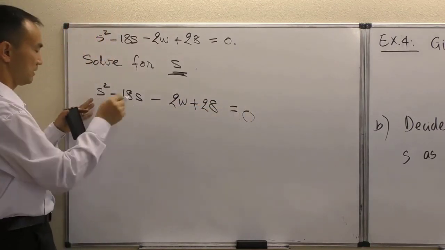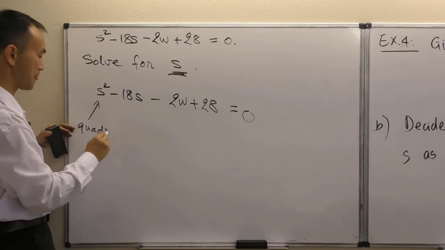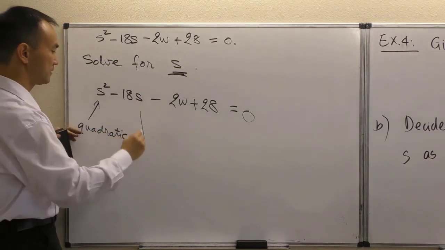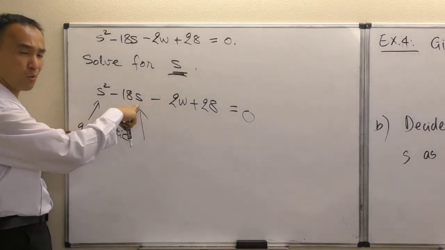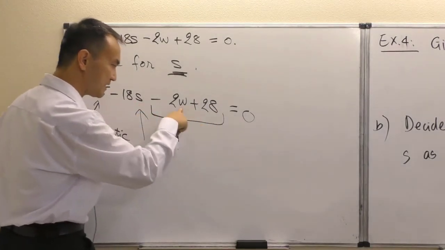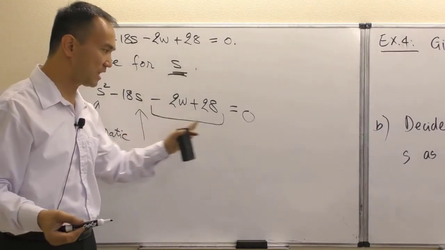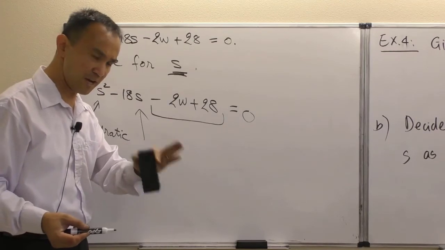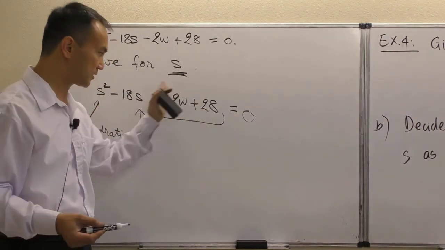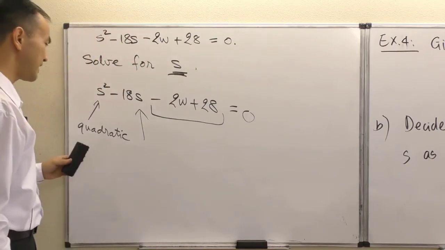What I see here is a quadratic: a quadratic term, a linear term, and so on. Even though it has that W as a variable, if we focus on S as the main variable of the quadratic, then all that here is just a constant. Okay, so now here's how I'm working on that.